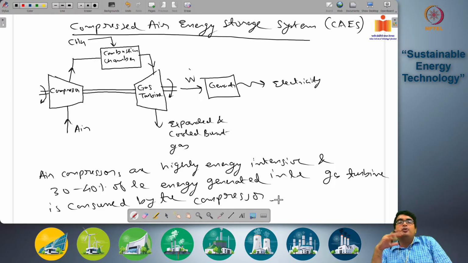Okay. So a significant sink of energy is the air compressor. Alright.